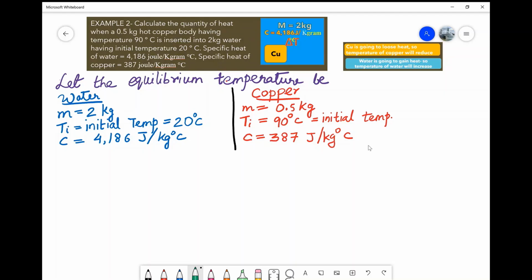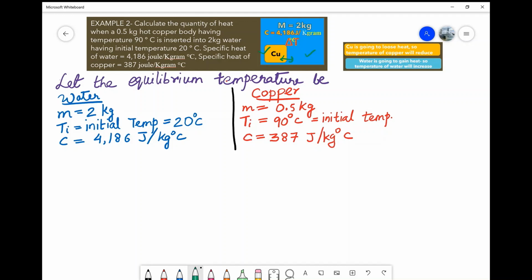In this question we have to remember that the copper is going to cool down and the water is going to heat up. So this is going to cool down and this is going to heat up, and they will reach an equilibrium temperature, the temperature at which these two meet. So they will have the same equilibrium temperature.